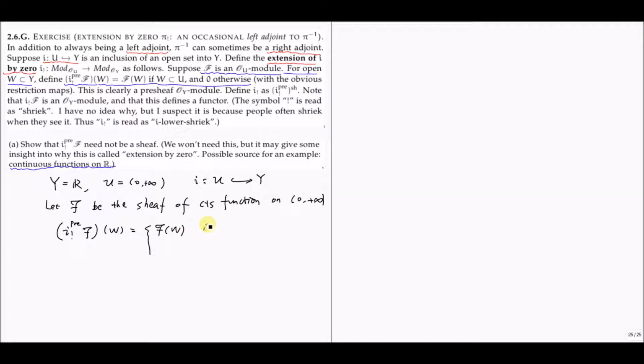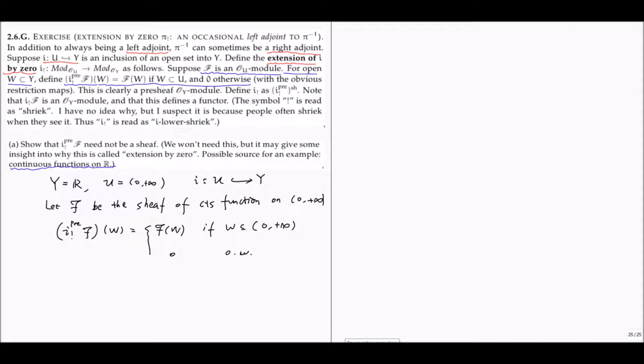And we let the sheaf F be the sheaf of continuous functions on the positive real line, so that i will be the inclusion of U to Y. By our definition, i shriek pre F of W will be either the continuous functions on W if W is contained in the positive real line, or 0 otherwise.